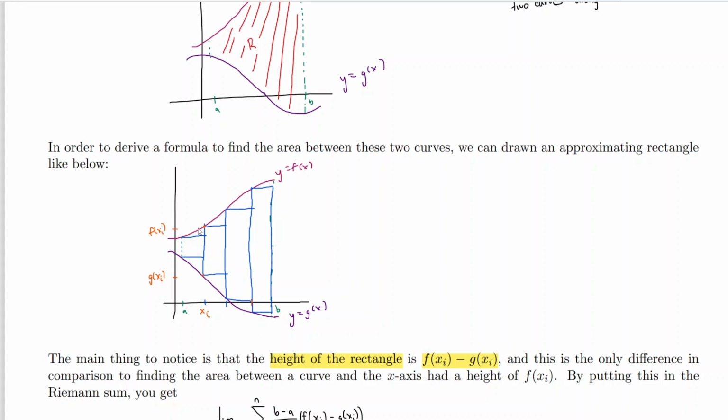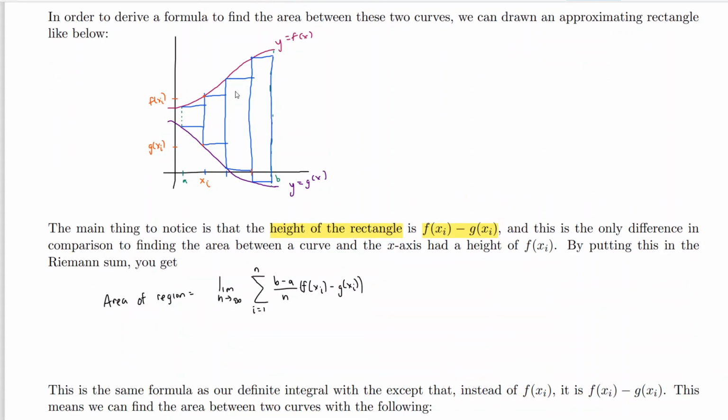When you compare this picture with the picture of just the definite integral, the height of the rectangle is just f of x sub i for regular integration. But that's the only difference, because when we set up our Riemann sum, we say the area of this region is the limit as n goes to infinity, to make infinitely many rectangles.